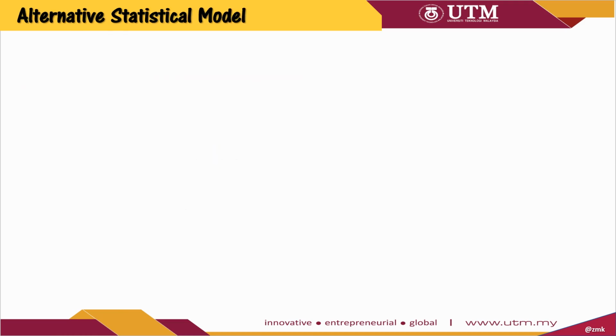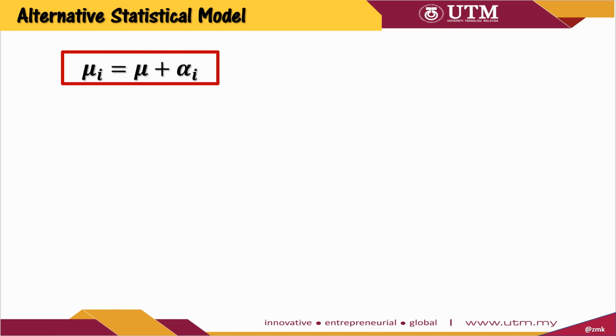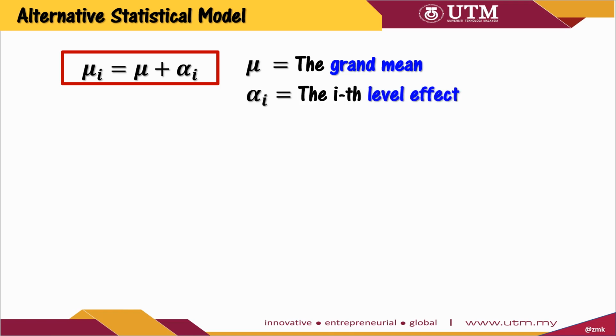From the statistical model that we had earlier, the level of group mean denoted by mu i can be rephrased as mu plus alpha i, where mu is the grand mean or the overall mean, whereas alpha i is the ith level effect.